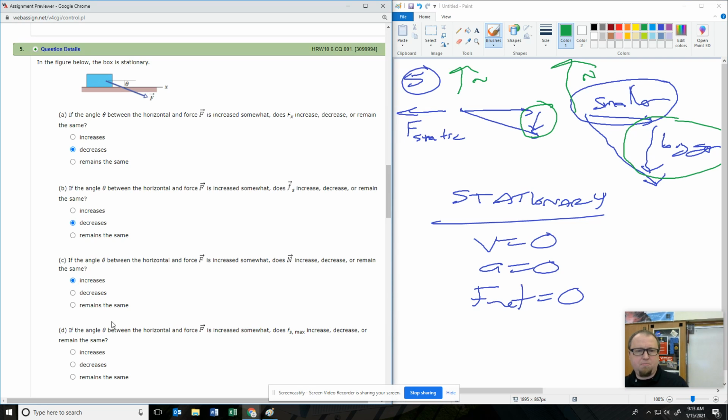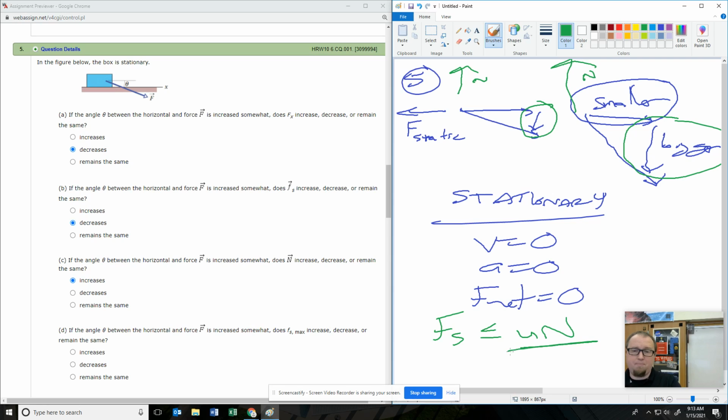If the angle gets bigger, the max static friction. Now we're talking. So static friction, okay, here's what's important. Static friction, if it's not moving, just equals whatever it needs to be. But it goes up to a maximum value of mu times normal. So we say static friction is less than or equal to mu times normal.